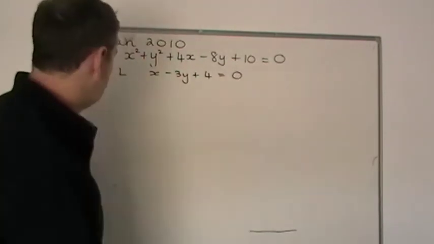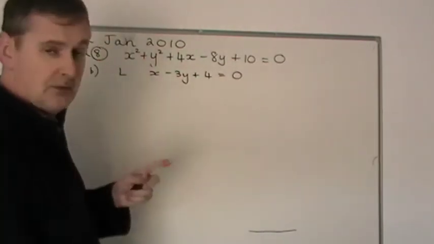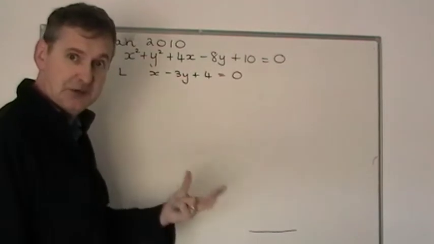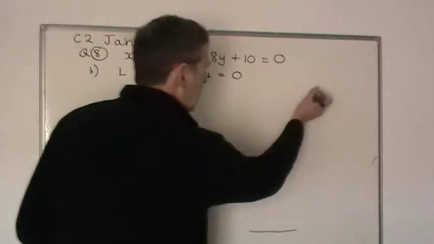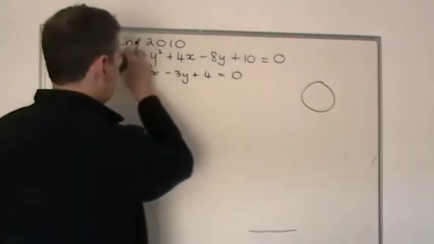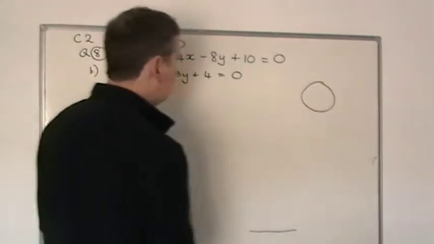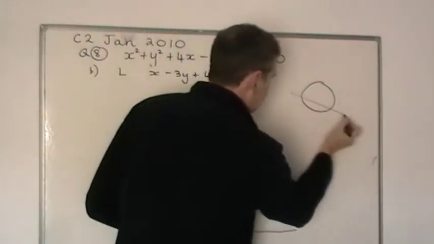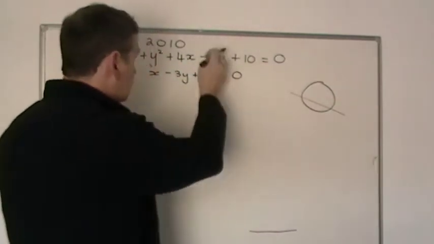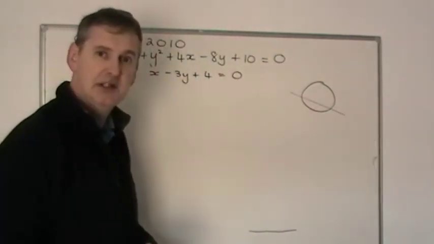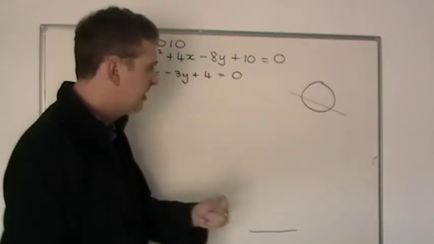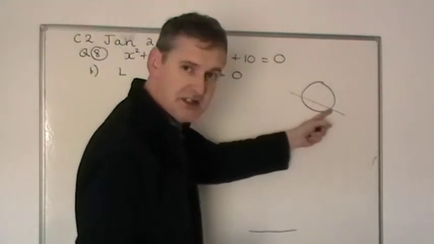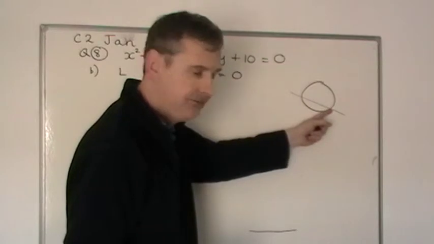Okay, so looking at this, it's basically one fundamental principle we're dealing with here. If you have a circle, that's the equation of the circle, and you've got a straight line, there's the equation of the straight line. If they cross like that, then if you solve those two equations simultaneously, you'll get two distinct solutions, and they correspond to the two intersection points you can see in the picture.